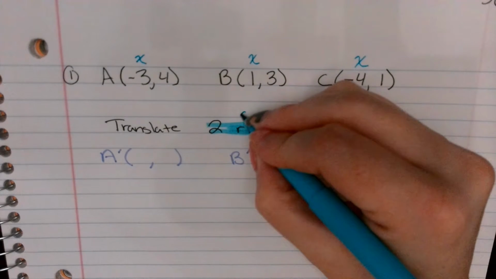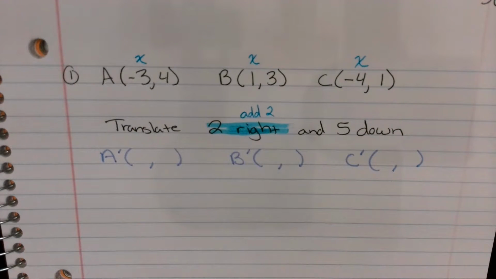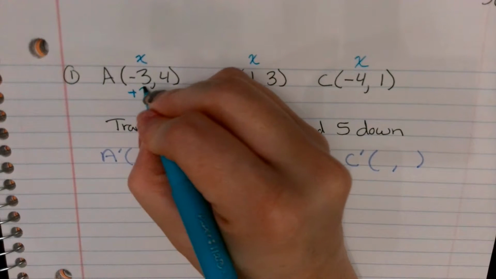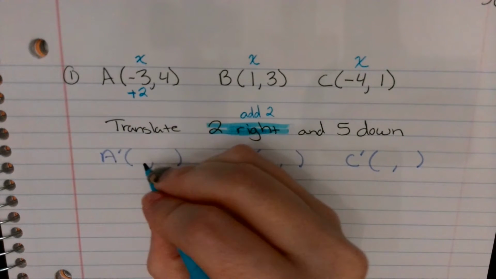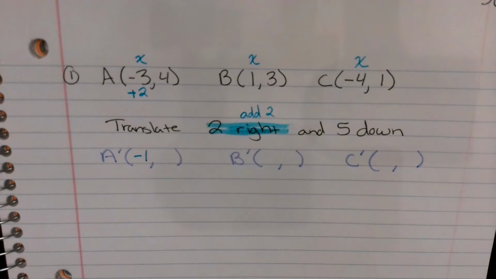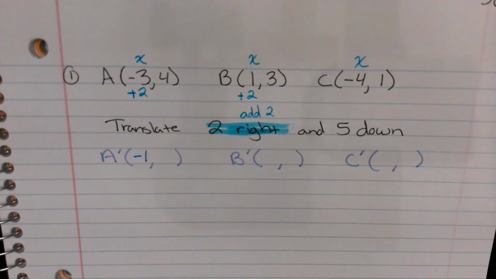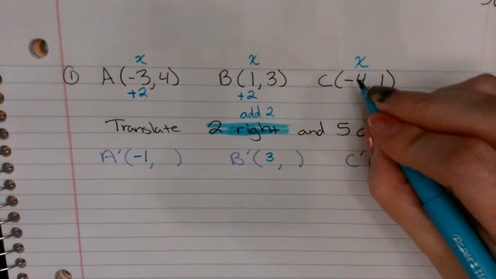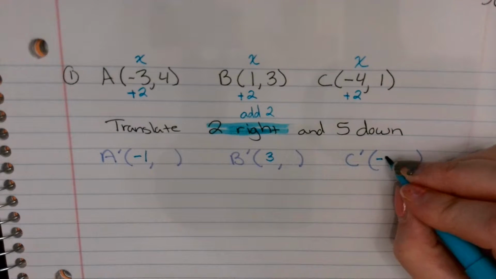So that means I'm going to add 2 to each of these coordinates. So negative 3 plus 2 gives me negative 1. 1 plus 2 gives me 3. And negative 4 plus 2 gives me negative 2.